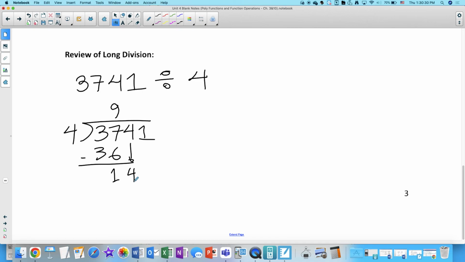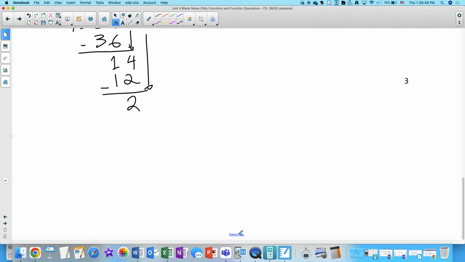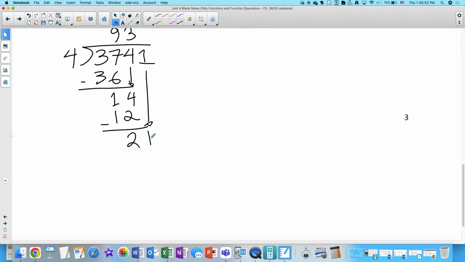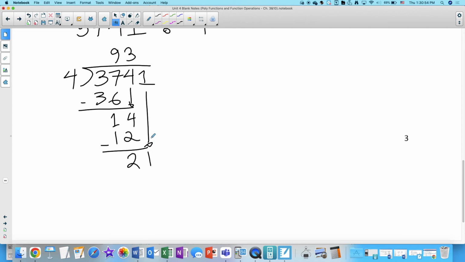We subtract, so this is 2. Then bring down the 1, and we get 21. That goes in 5 times. 5 times 4 is 20. So when we subtract, we get 1, and there's nothing else to bring down.